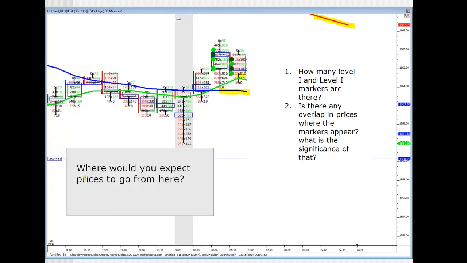So if I were to surmise and expect prices to go lower, that would be a reasonable expectation based on the KVT activity that we see here, and also based on the overall parameters that appear on the chart. Always look at the big picture and make your decision on as many tidbits of information as you have available.